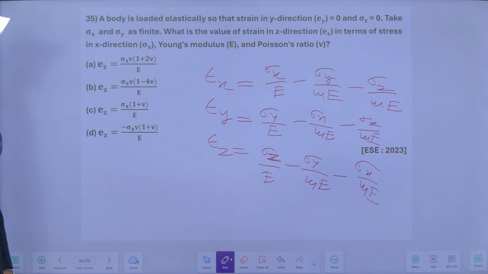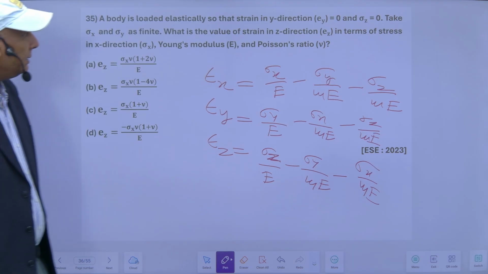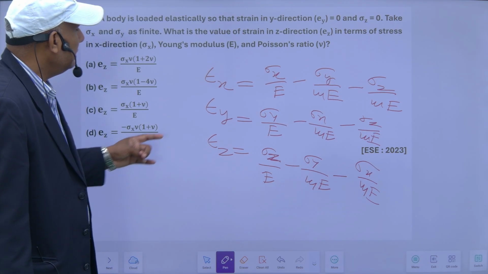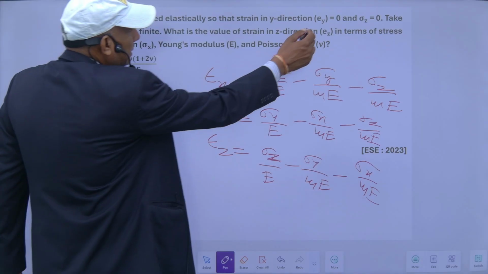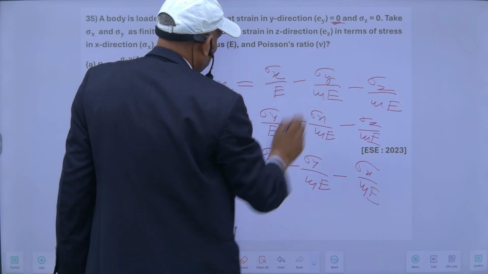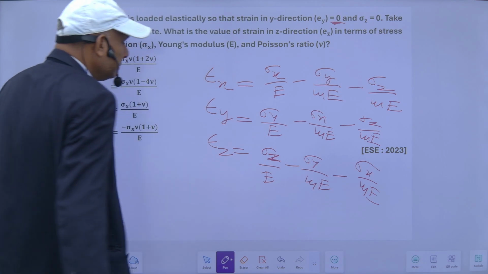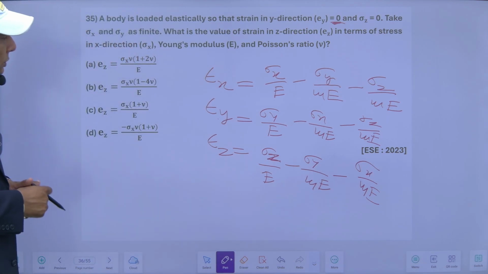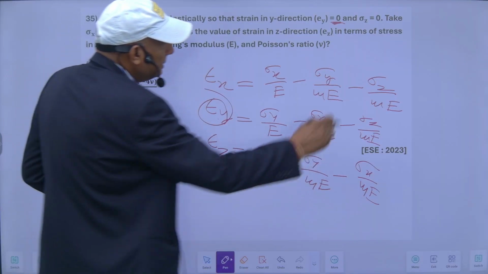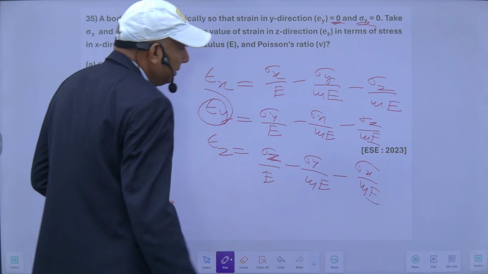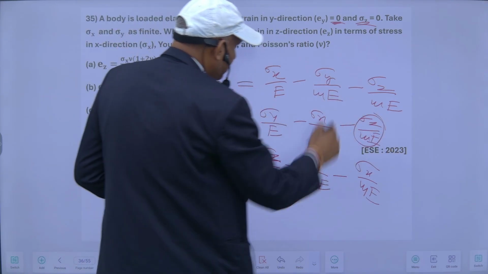Now what he is saying is that strain in the y direction is 0. So this is 0, and this delta z is also equal to 0.